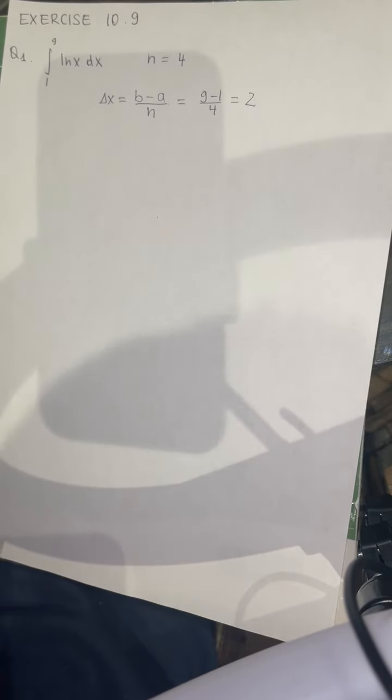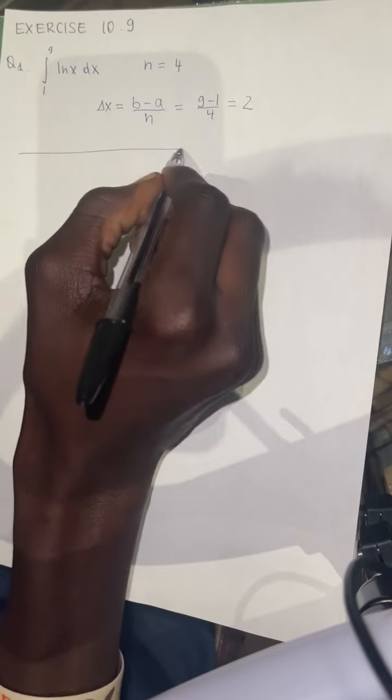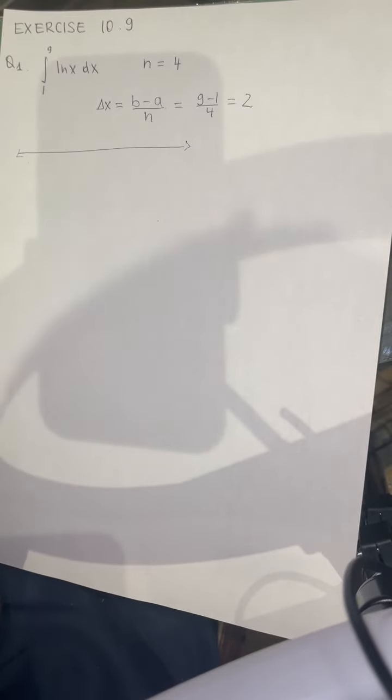So now after finding delta x, what do we have to do next? This is our thickness. So what we can do now is make a line. Remember, in your textbook this might be written in terms of boxes, but this is still the same. I'm just going to clarify to give you the full meaning of what I'm saying.